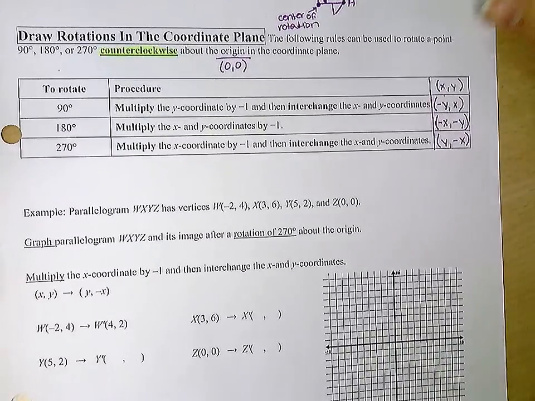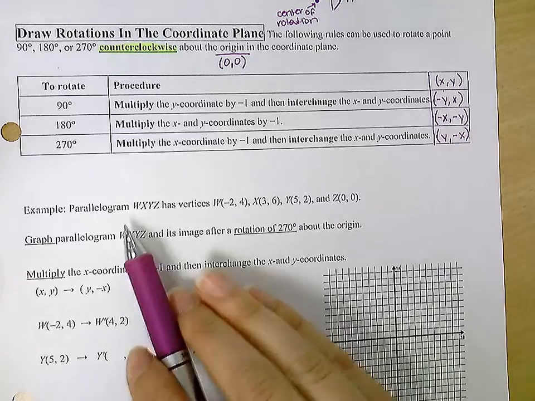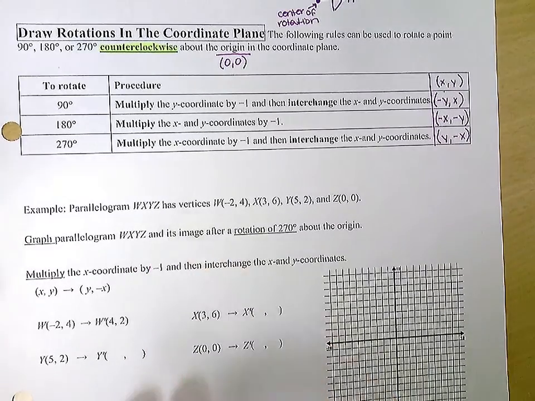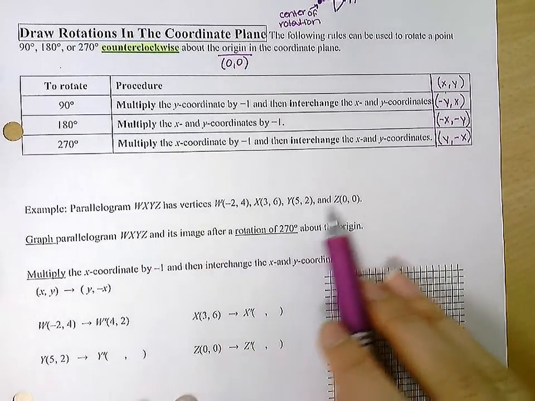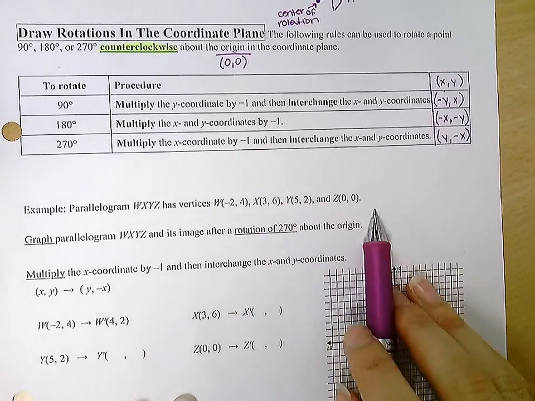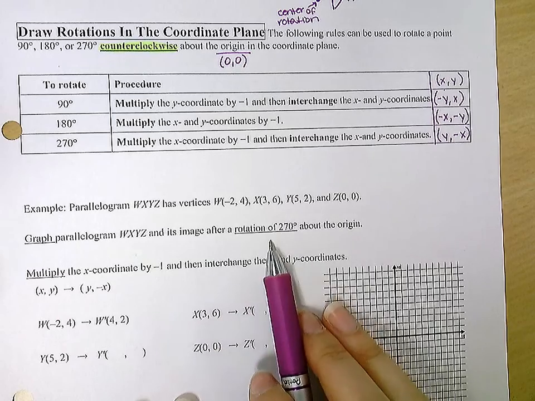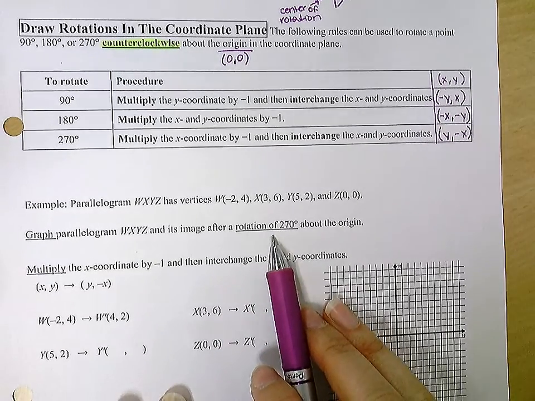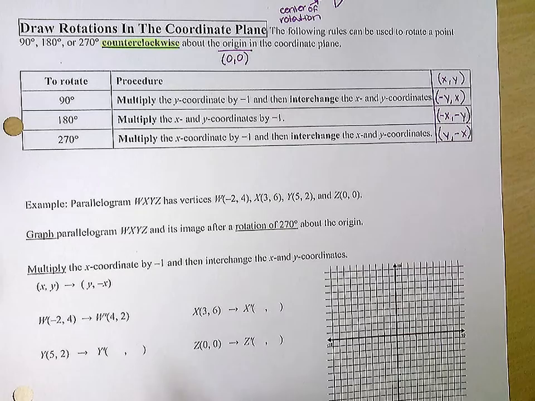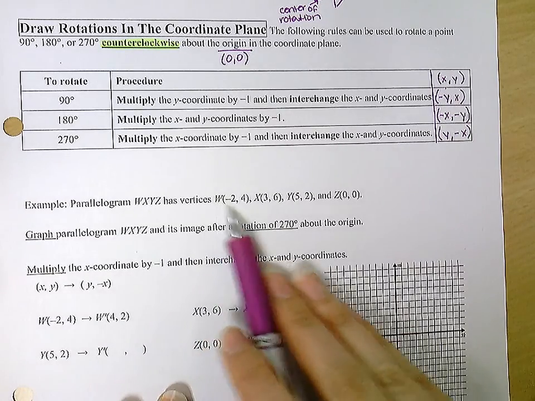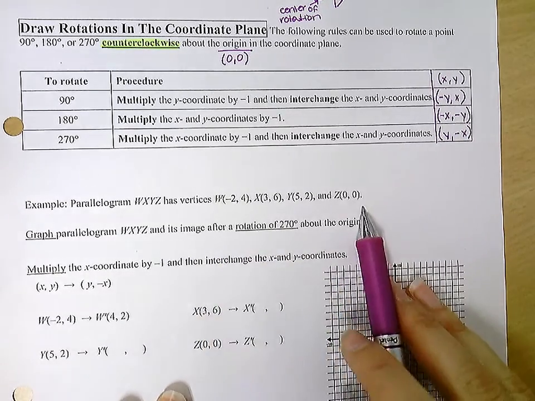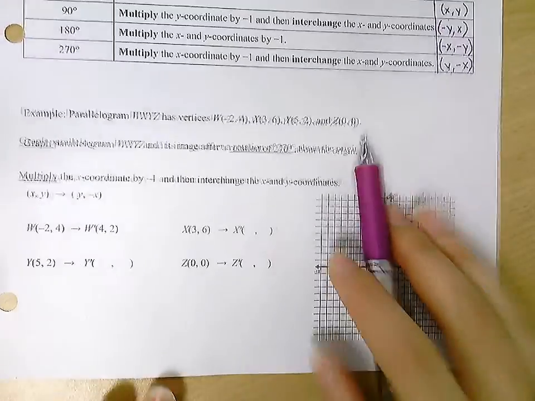Then our first example here, we have parallelogram WXYZ with vertices W, X, Y, and Z. We want to graph that parallelogram and its image after a rotation of 270 degrees about the origin. So we want to first graph our pre-image, so graph each of these points.